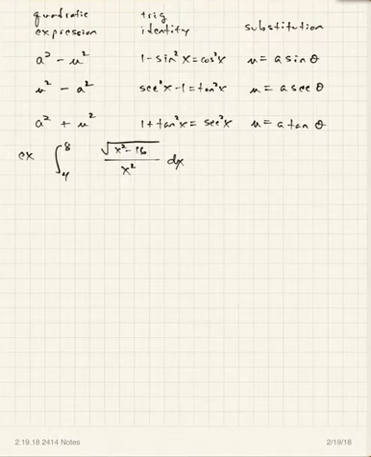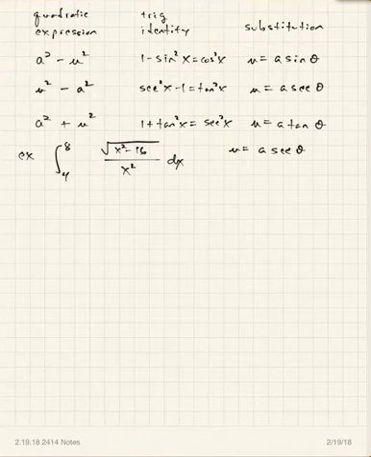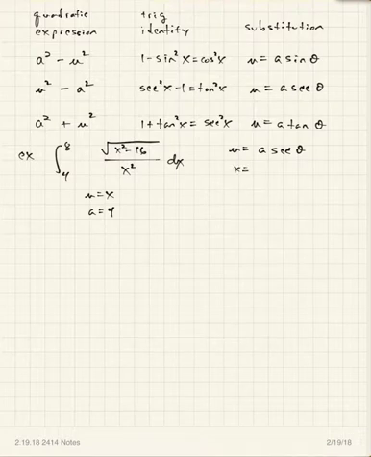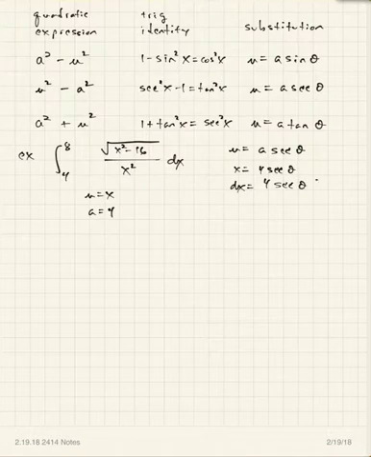And so the substitution we're going to use is the trig identity secant squared minus 1, so our substitution is to let u equal a secant theta, where in this problem u would be equal to x, and a would be equal to 4. So you have x is equal to 4 secant theta. So if x is 4 secant theta, then dx would be equal to 4 secant theta tangent theta d theta.